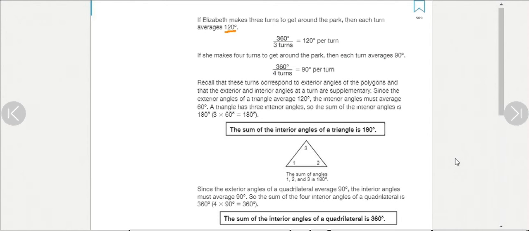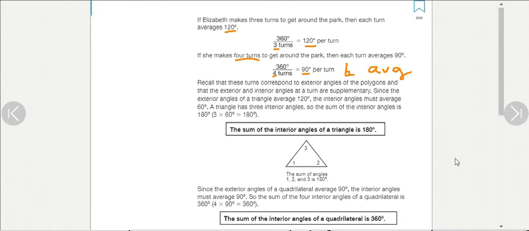Fewer turns means each turn needs to take more degrees. Now remember that. 3 turns, 120. 4 turns on the second quadrilateral park means each turn will take a little bit less. 90 degrees per turn. Not each one was a perfect 90. This is an average. We don't know exactly how many each one was, but we'll want to know the average so that we can use it for totals later.